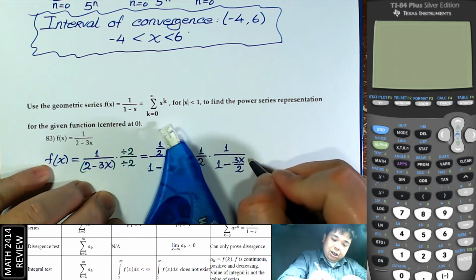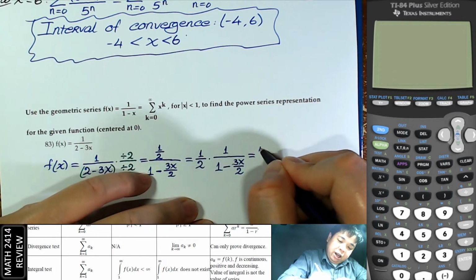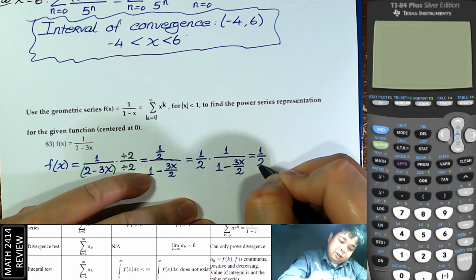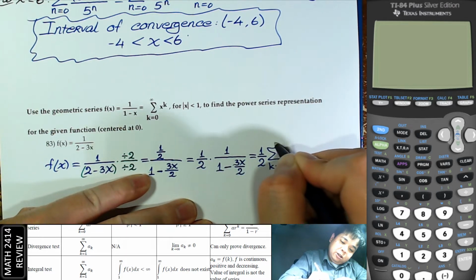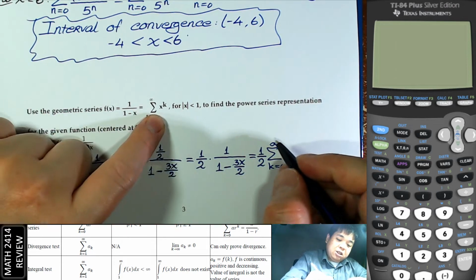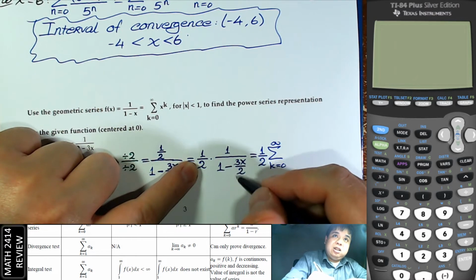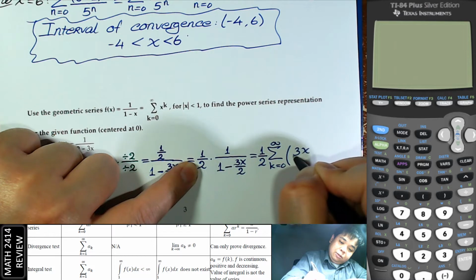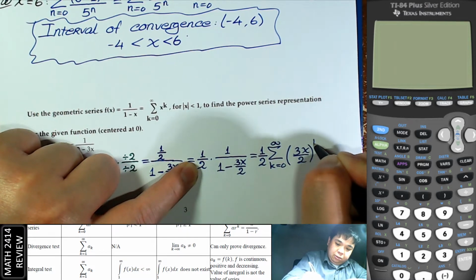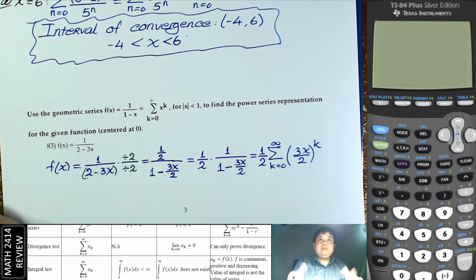Right? So that means we have 1/2, and then the summation to x to the k power, so that's just, this is x here. Just like that.